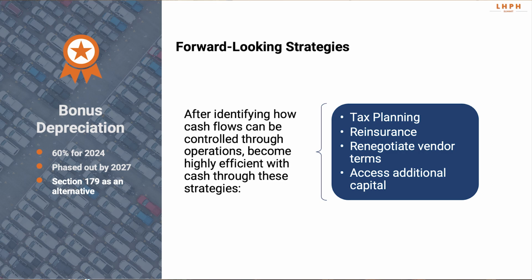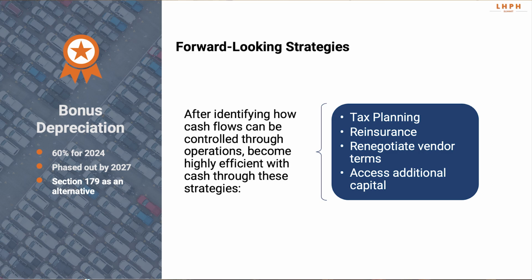Up to 1.1 million of purchases, you can take advantage of 179, assuming you're going to be a taxpayer. Once you get above the 1.1 million, it starts to phase out. And once you've hit 3 million of purchases, it's no longer available. So if you're buying a lot of inventory, 179 might not be an option for you either.